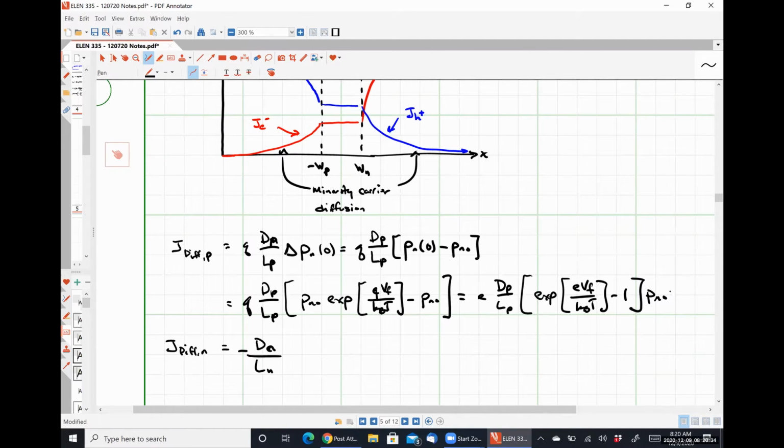Sorry about that. So dN Ln, this should be a Q, NP naught exponential Q VF over KBT minus 1.